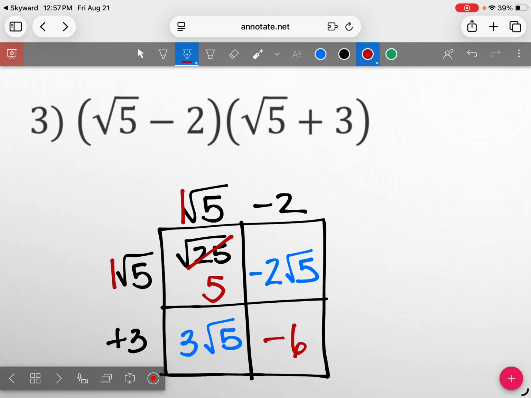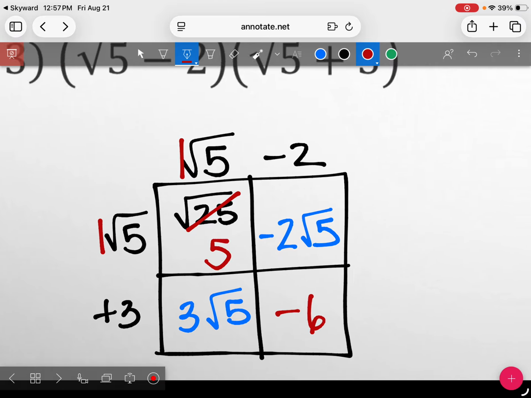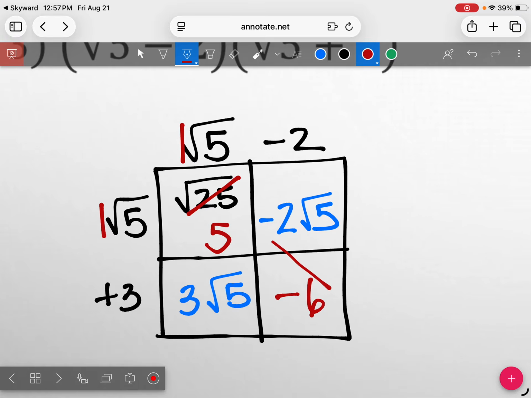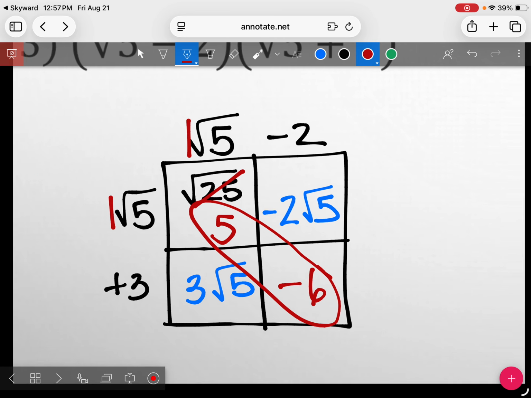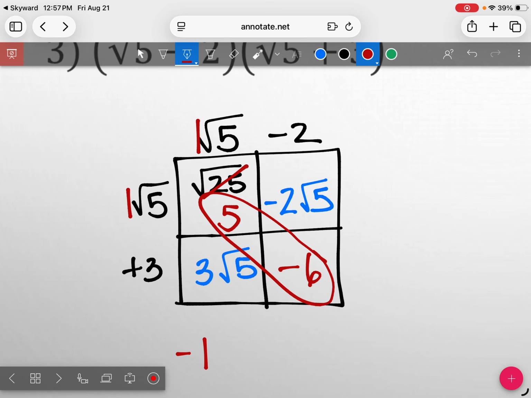All right, so now we have some like terms. We have 2 numbers that we can add together. When I add those together, I get -1. And I also have 2 radicals that are like terms.